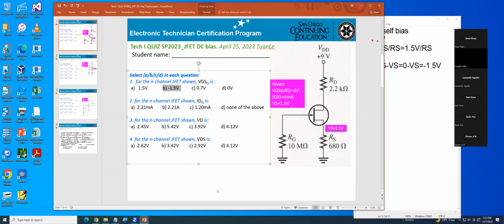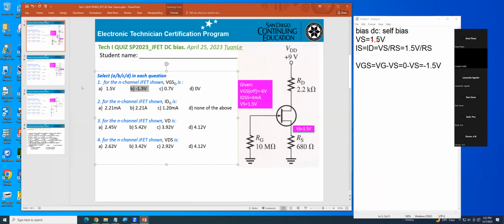Okay. Next one. ID. If you say ID, IS will be the same.